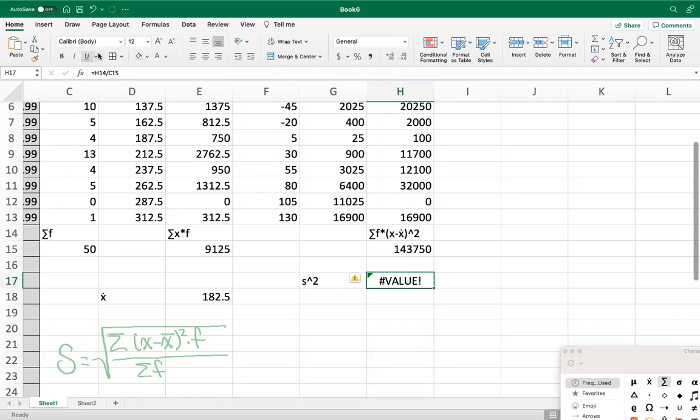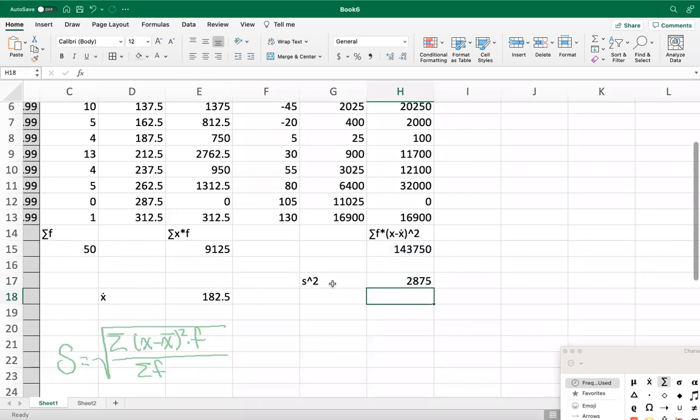And I messed up. This should be the one right underneath it. So 15. Yeah, perfect. So just so you could see it, the sum of the deviations squared times the frequencies, divided by the frequencies themselves.